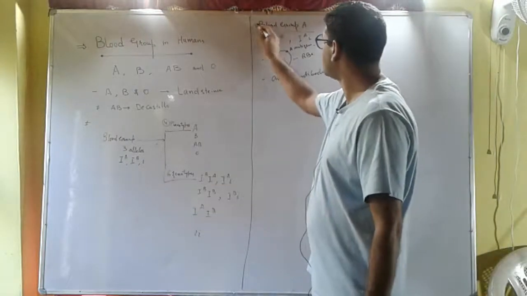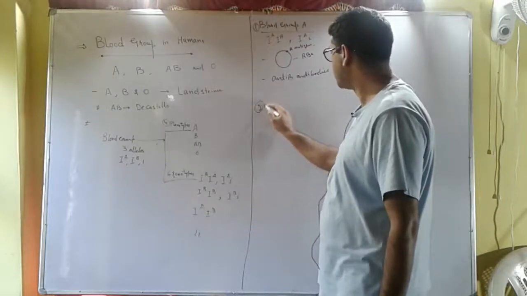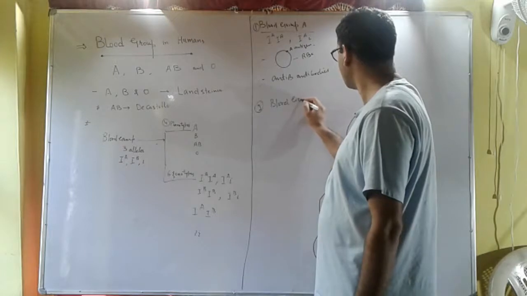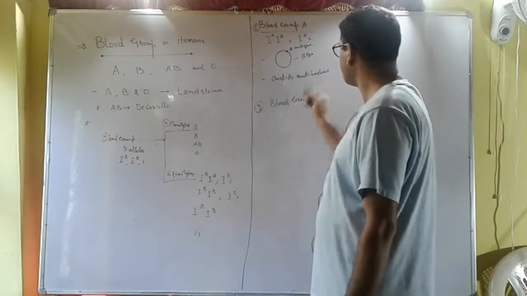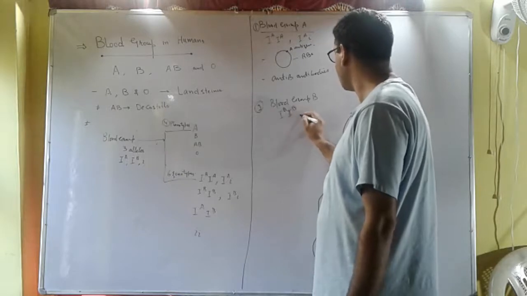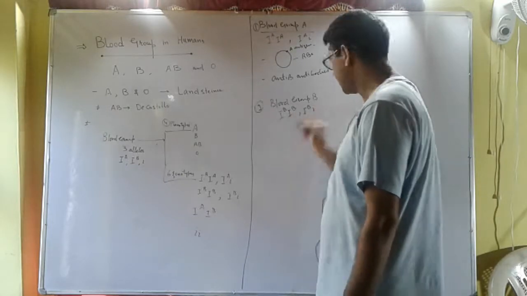Then we have blood group B. Its genotype would be IB IB or IB small i.